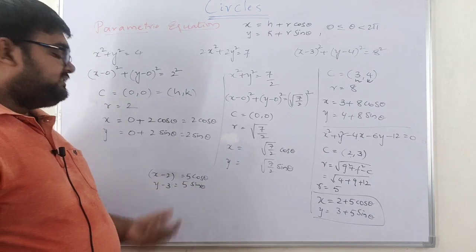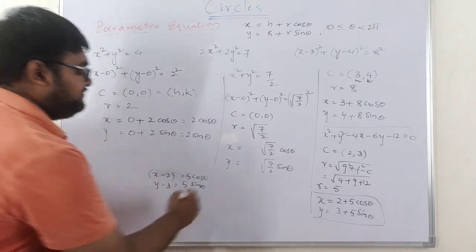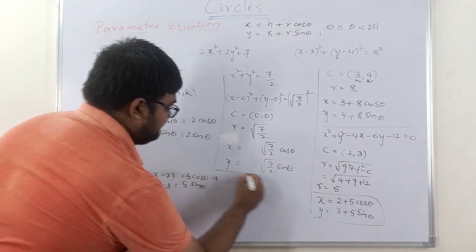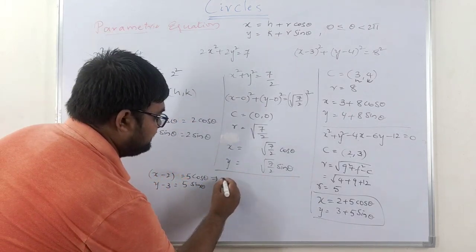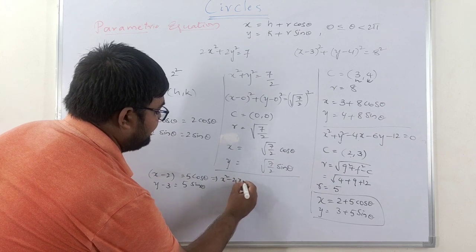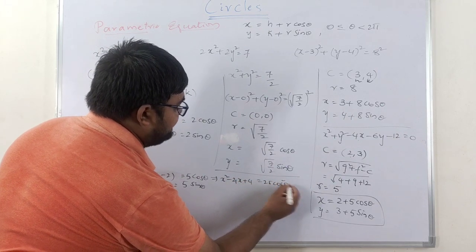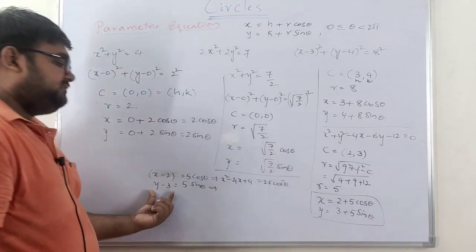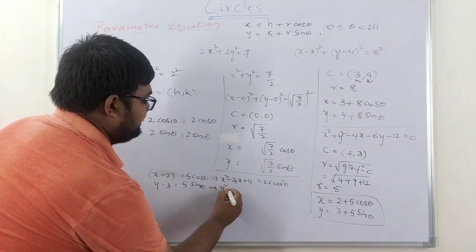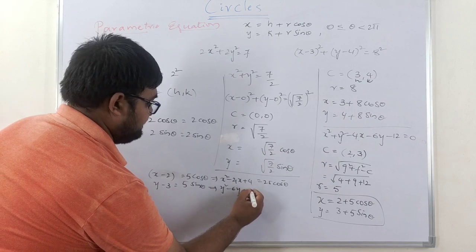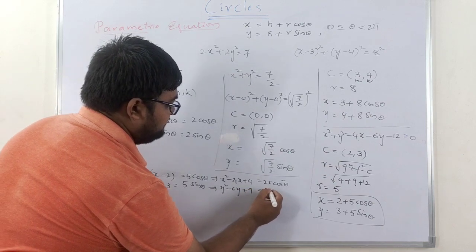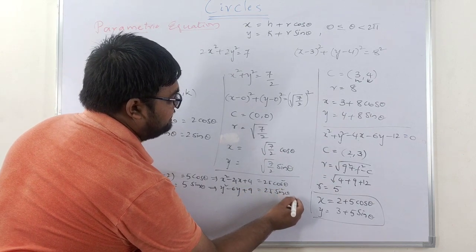Now if you square these and add, what will you get? Squaring the first, x square minus 4x plus 4 is equal to 25 cos square theta. Squaring the second, y square minus 6y plus 9 is equal to 25 sin square theta.